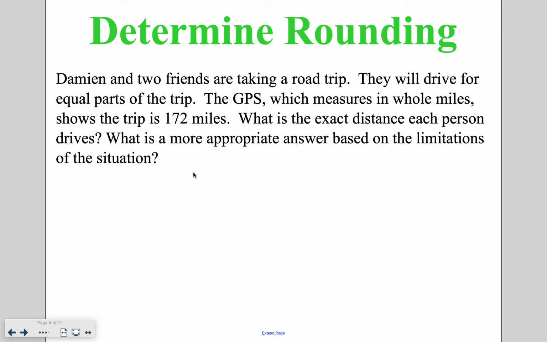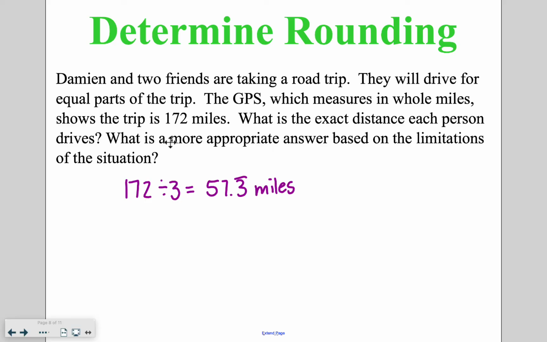So when we do this, we're going to take my distance of 172 and divide by the 3 people. Once I do that, that's going to give me 57.3 repeating miles. So that would be my exact value. Now it's asking, what is the appropriate answer based on the limitations of the situation?